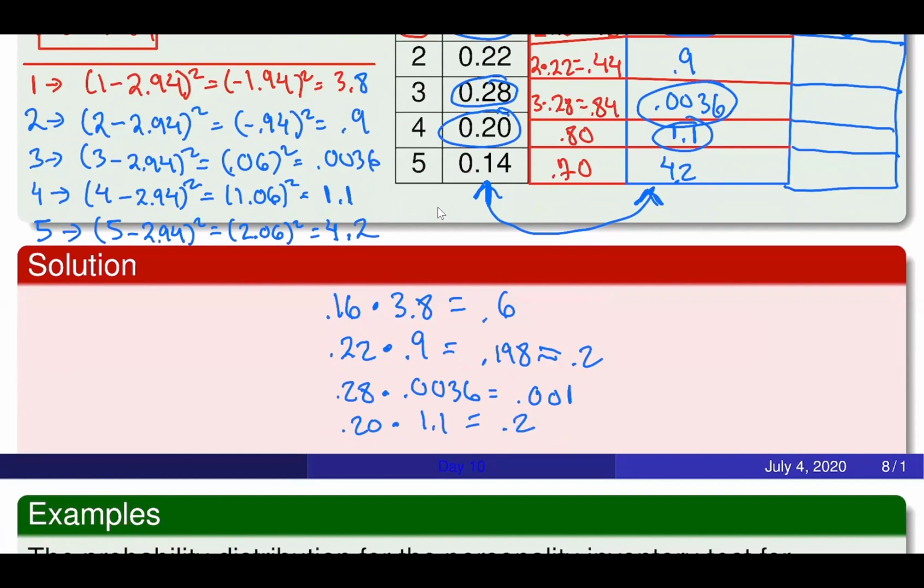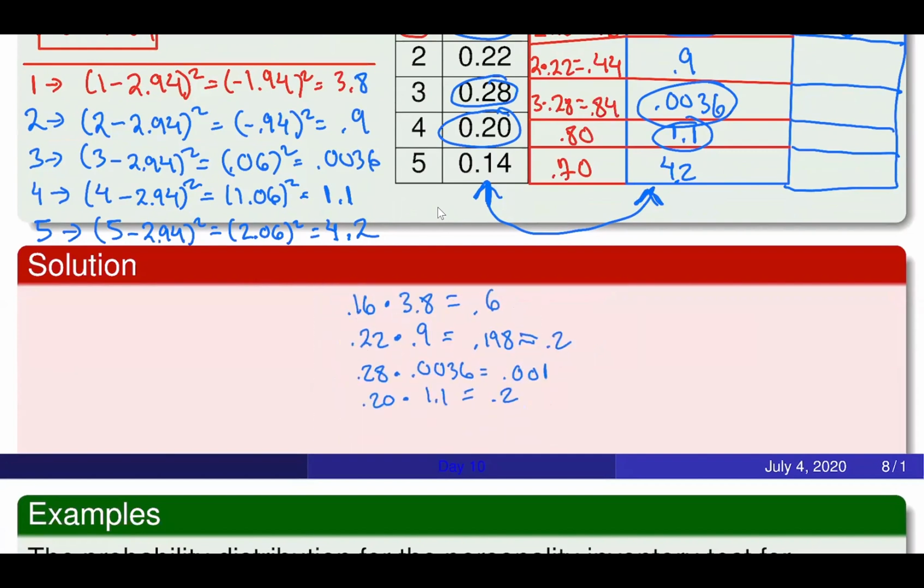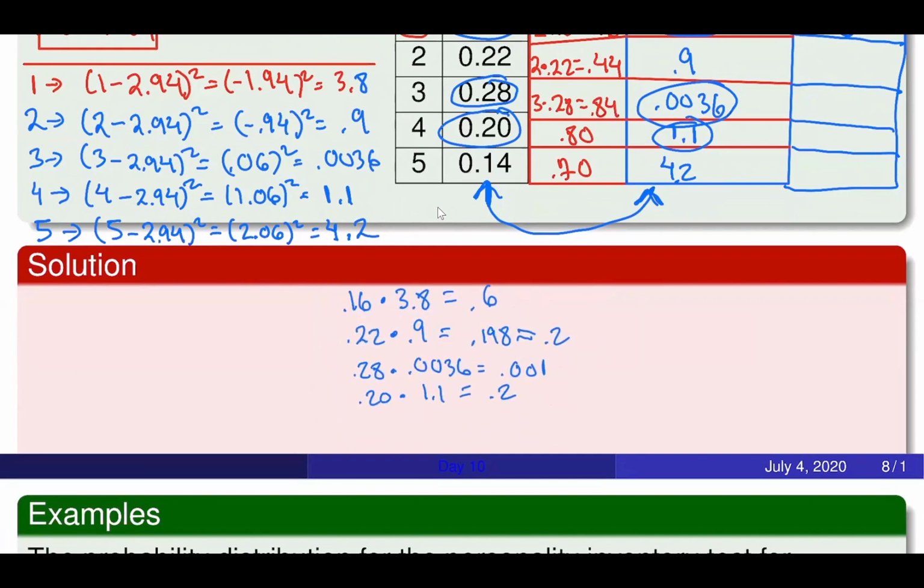And lastly, we're going to do 0.14 times 4.2. That should give you 0.588, which you're going to round off to 0.6.